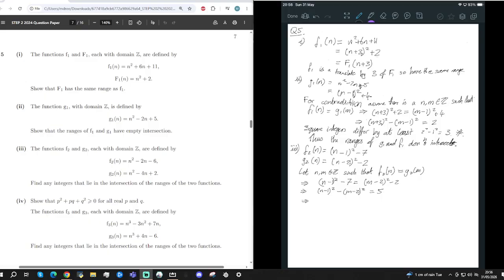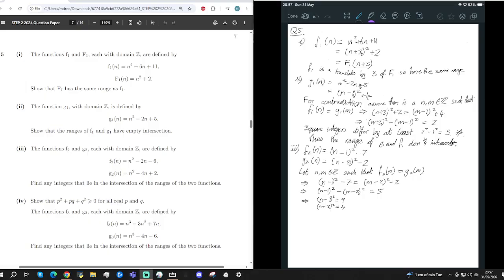Now, how can I get two square numbers which differ by 5? Well, from the comment earlier, the difference between consecutive squares is always an odd number. Here we've got an odd number, so it's the difference between two consecutive squares. So that can mean that n minus 1 squared is 9, and n minus 2 squared is 4.